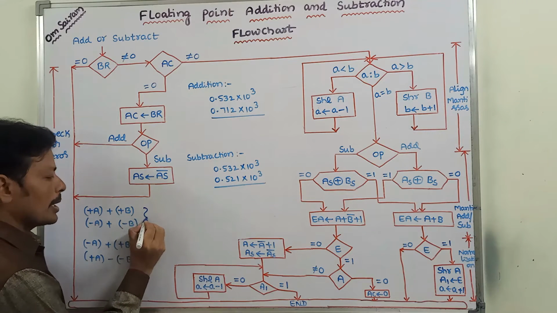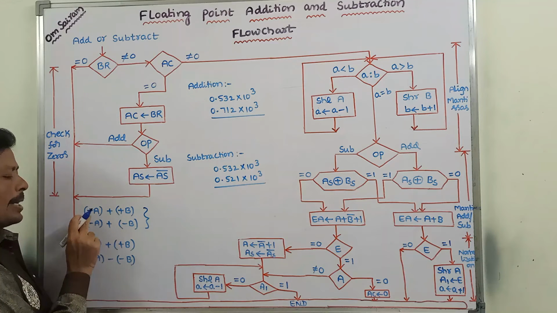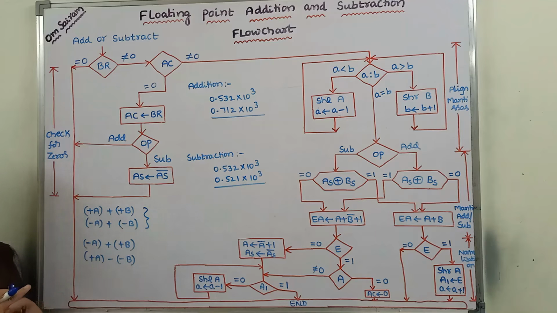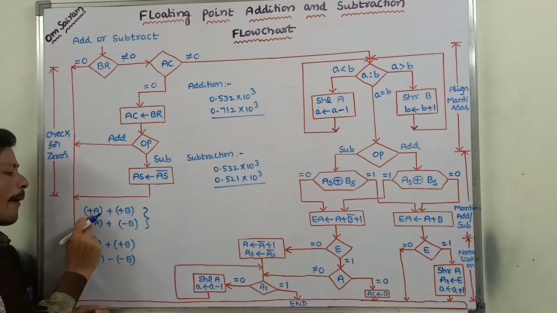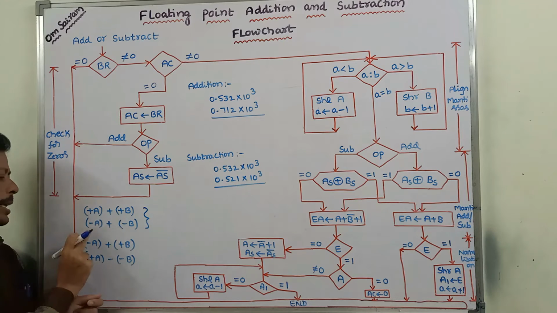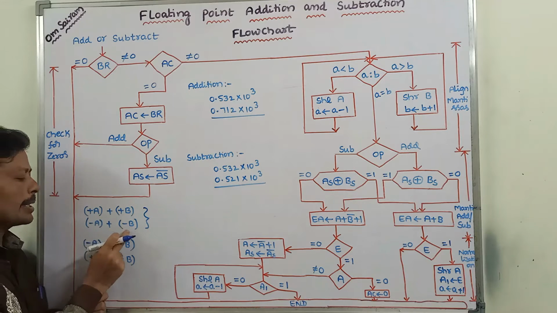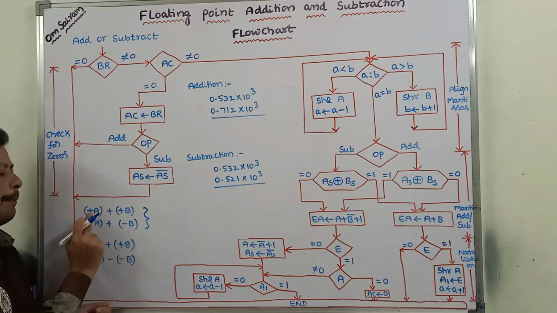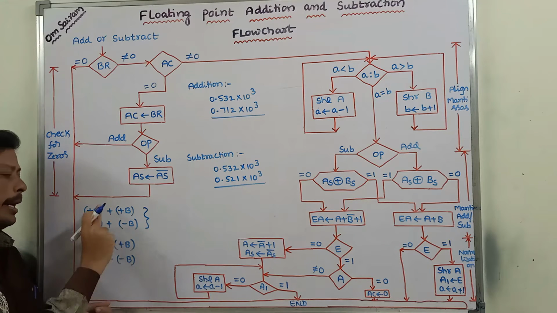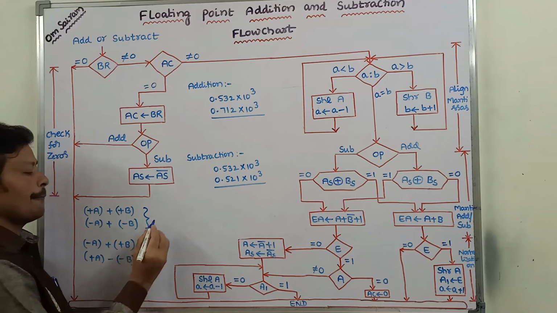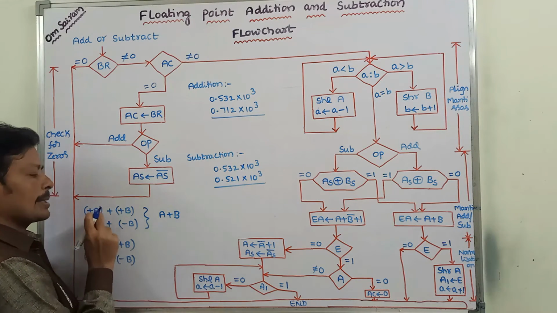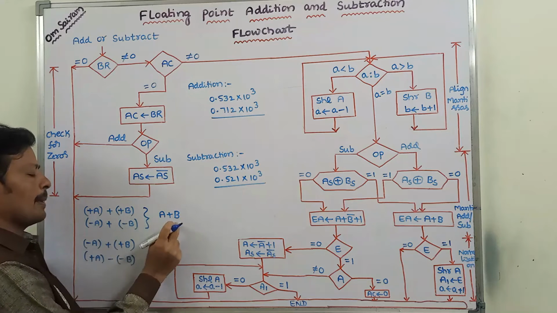In these two cases, the signs of the mantissa of the first floating point number and the mantissa of the second floating point number are both the same. Next, in this case, the signs are also the same. Plus plus, minus minus. In these two cases, we are performing the addition operation, so that is A plus B. Plus A plus plus B is nothing but A plus B.